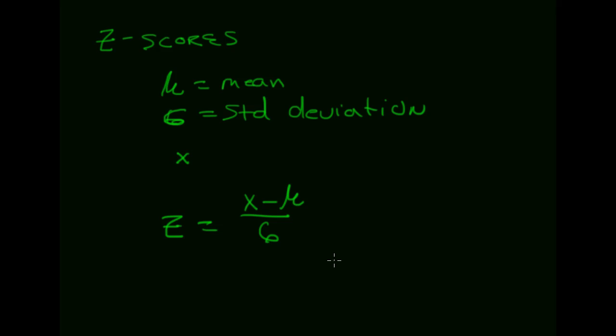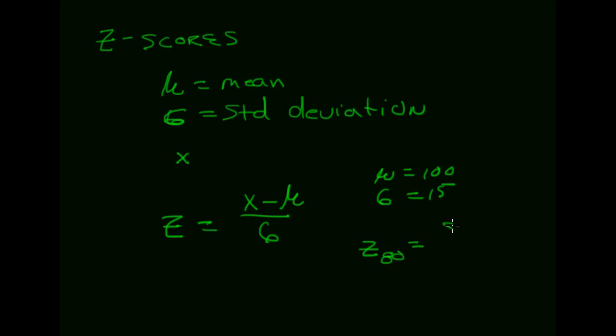So the question now is, what if I have a population whose mean is, let's say, 100 and its standard deviation is 15, something like the IQ test, and I want the z-score that corresponds to, let's say, 80.